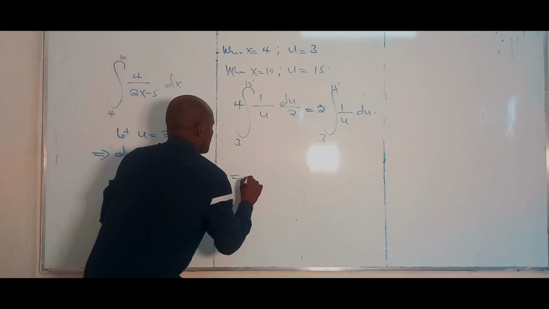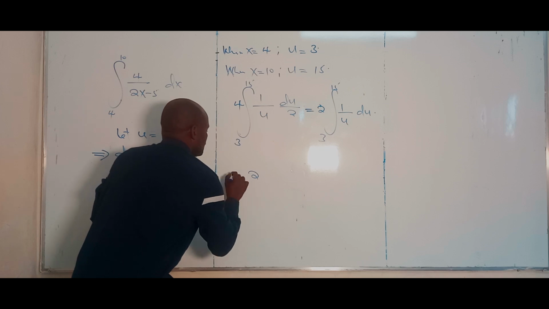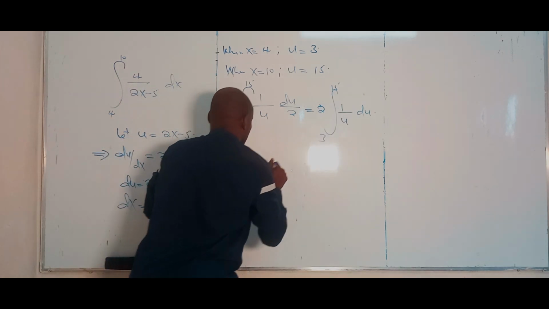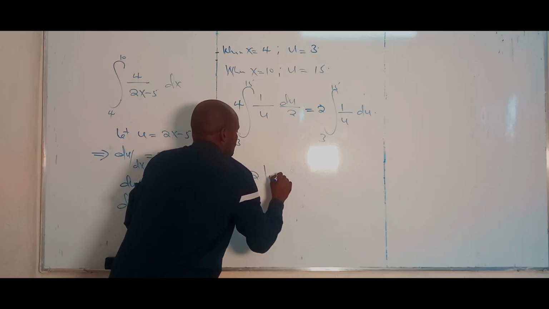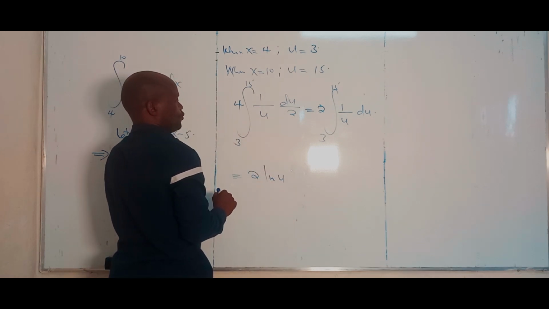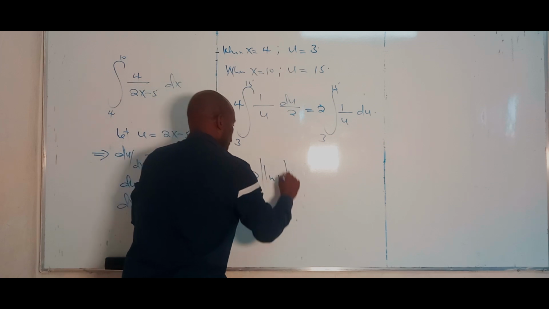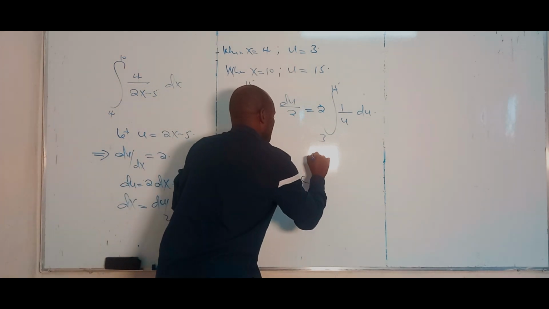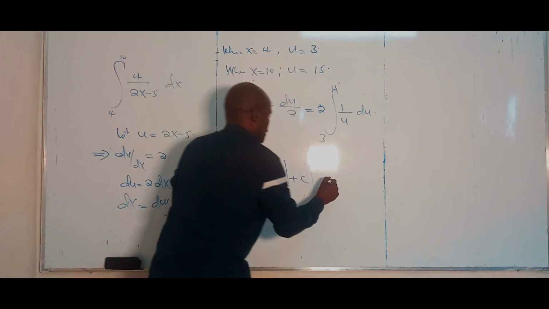Now this integral will be ln u. So it's 2 ln of u plus c within the limits 3 to 15. That's what we have.